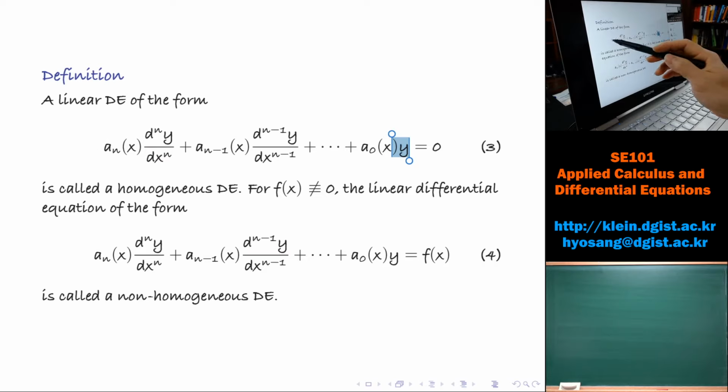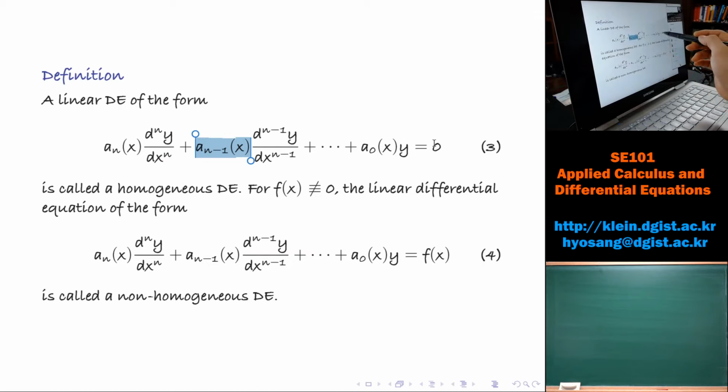And you see the coefficients are not just constant, but a function of x. So if you have a summation of derivatives with coefficients as a function of x, then this summation equal to 0 is called a linear differential equation.